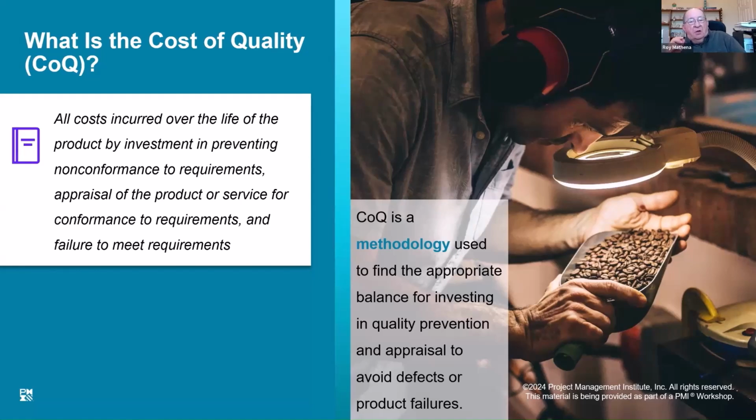Think about costs associated with maintaining the quality of a product or anything else. Things like repair costs, maintenance costs, liabilities perhaps. And there's a whole range of possible costs that you could consider.